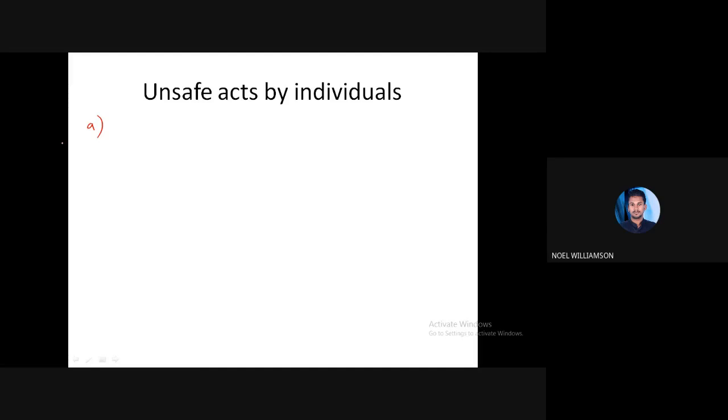Without proper authority, you are doing something on that machine, and you don't know how to operate it, then it may create some accidents. So the first one is operating machines or equipment without proper authority.